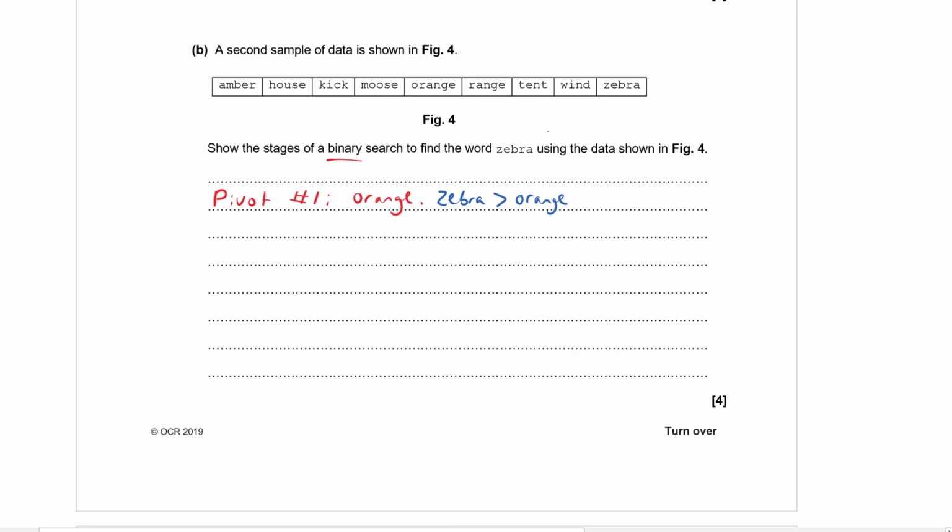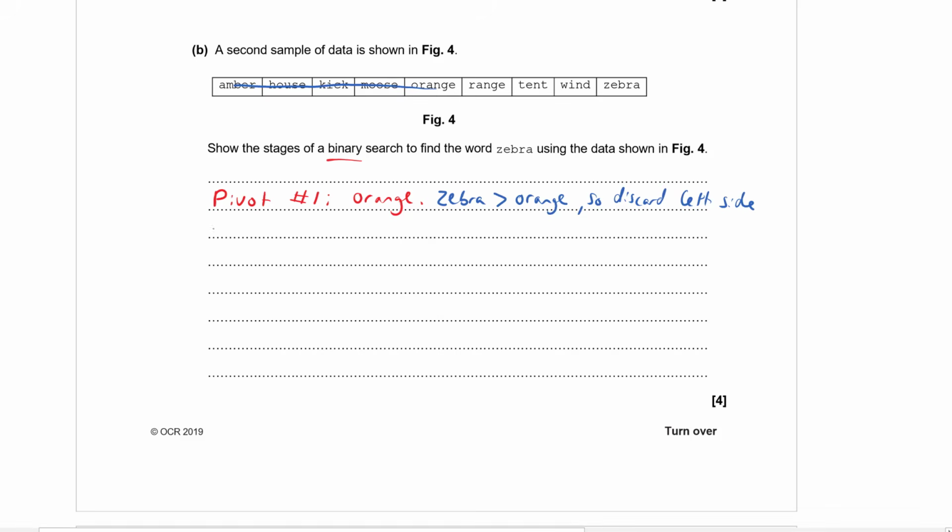Again, that sounds silly. It's further along the alphabet. And so therefore what we're going to do is discard the left side. Okay, so effectively we are crossing out orange and anything below because it can't be there, assuming the list is sorted.